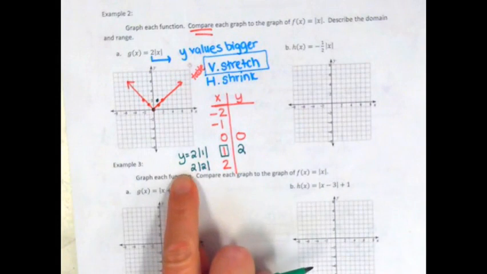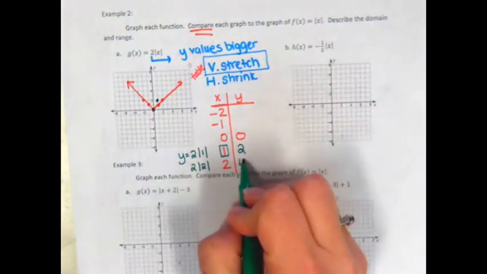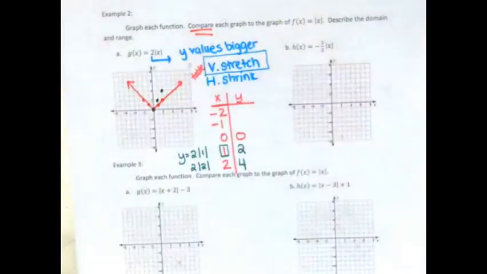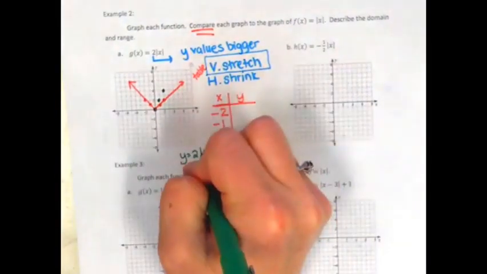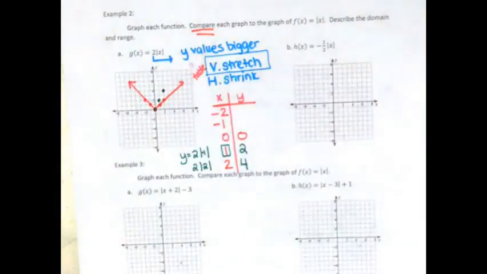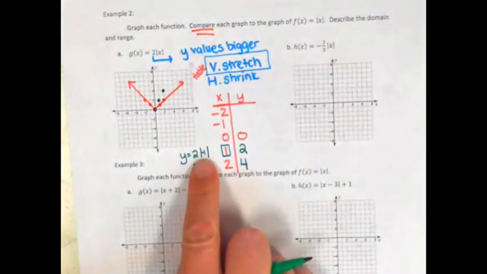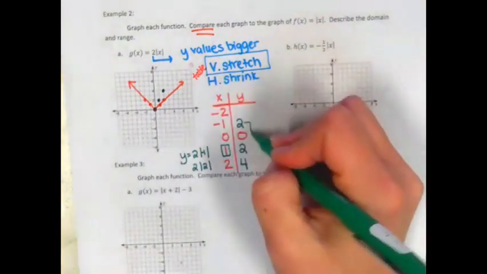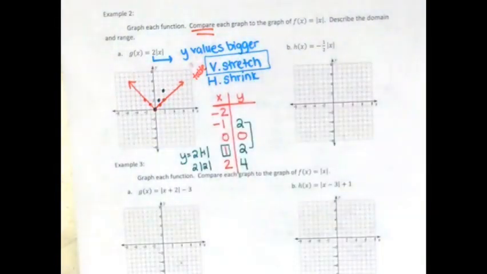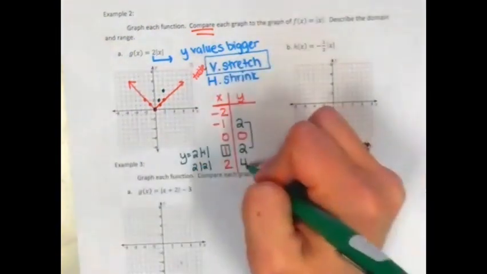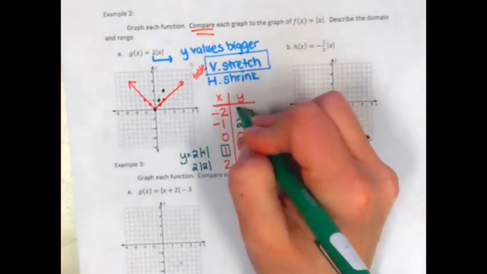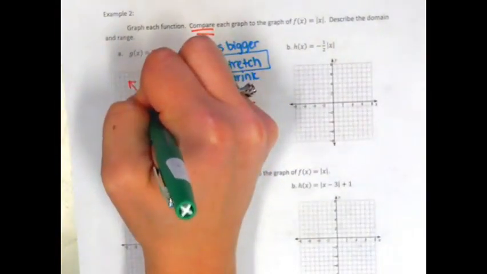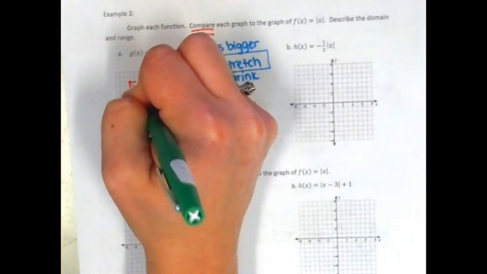And what's 2 times 2? 4. So we have (2, 4) now. Let's do -1. What's the absolute value of -1? 1. And what's 1 times 2? 2. Do you see how these are symmetric? They should be, right? So what is -2 going to be? It's also going to be 4. So we have (-1, 2) and (-2, 4).